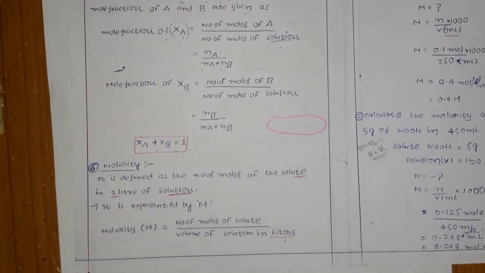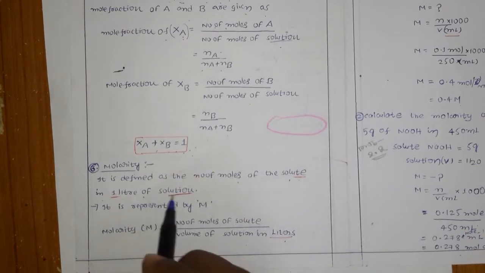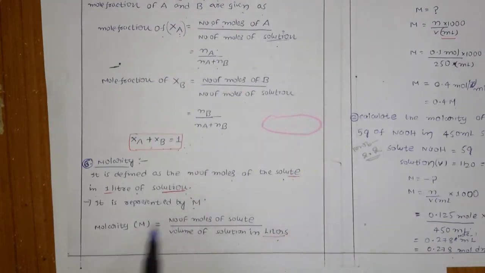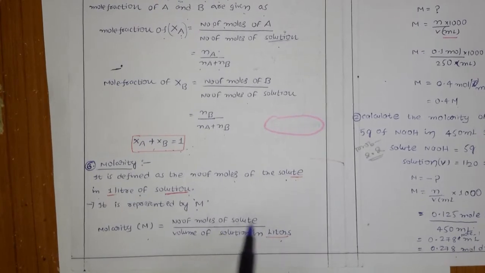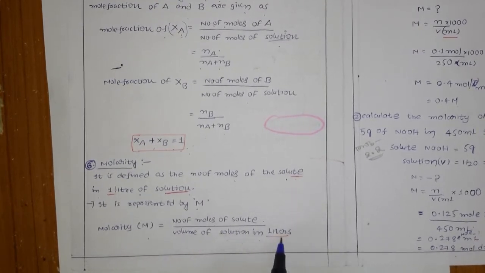It is expressed with a capital M. So M is equal to the number of moles of solute divided by the volume of the solution in liters.